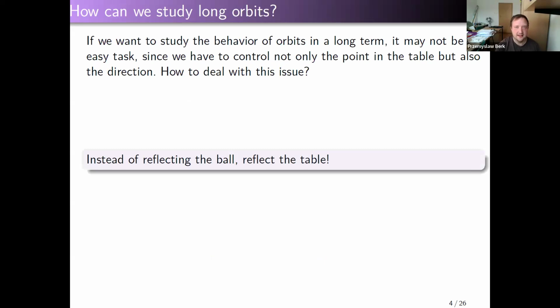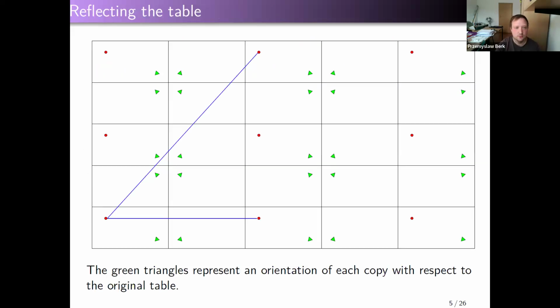Okay, and the solution is over here. So it's written over here. So instead of reflecting the ball off the wall, the standard trick is to reflect the table. Okay, so everything on paper is easier than in the physical world. So let's do it. So we are reflecting the table, and what we are going to get, I hope, is presented over here.